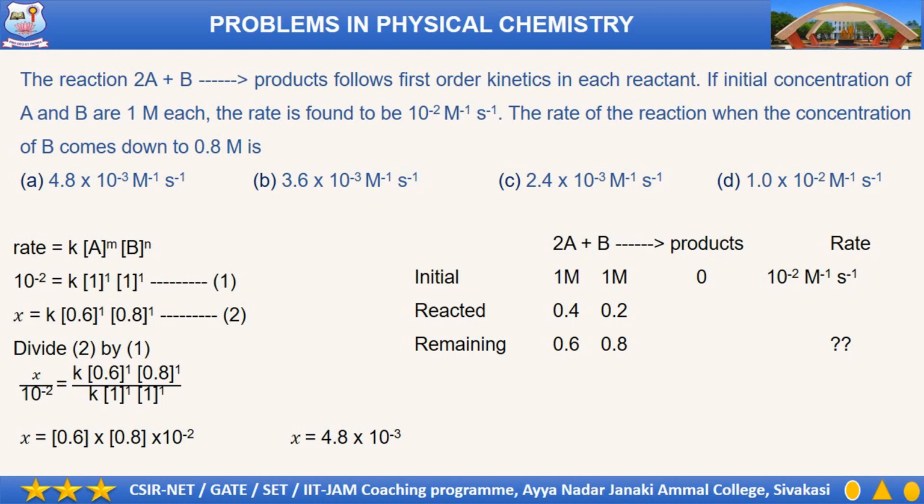If the initial concentration of A and B are 1 molar each, the rate is found to be 10 power minus 2 per molar per second.